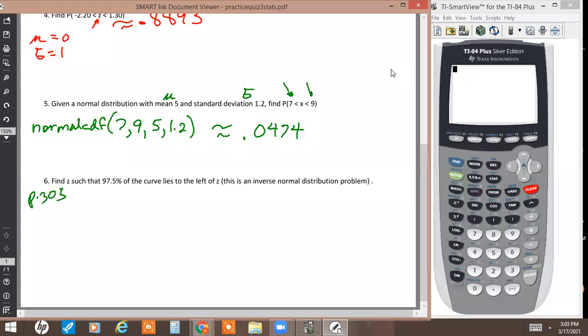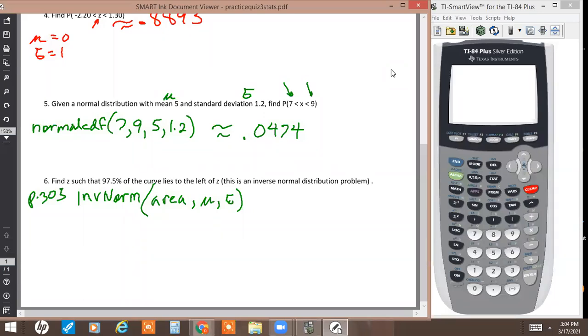And the format for this is inverse normal, and then you type in the area. In our case, it's 97.5%, comma, then you type in the mean, then you type in the standard deviation sigma, okay?